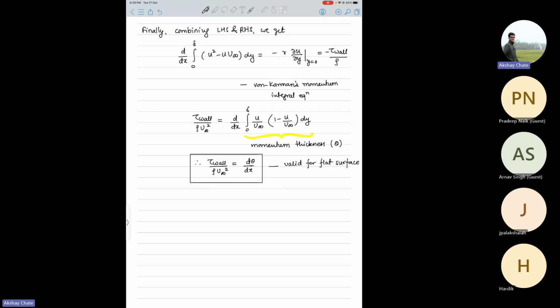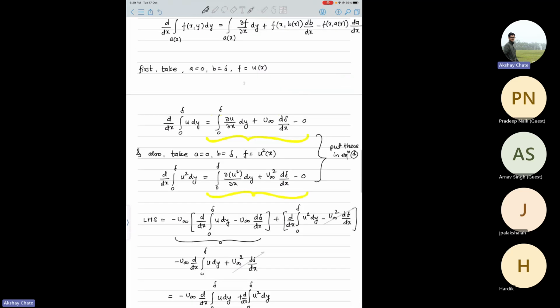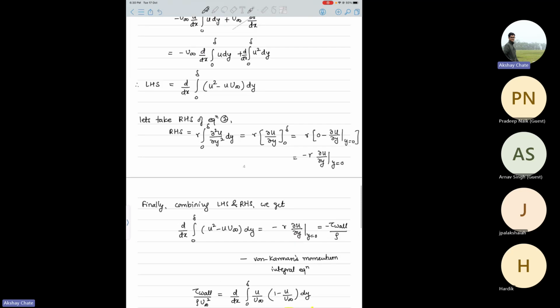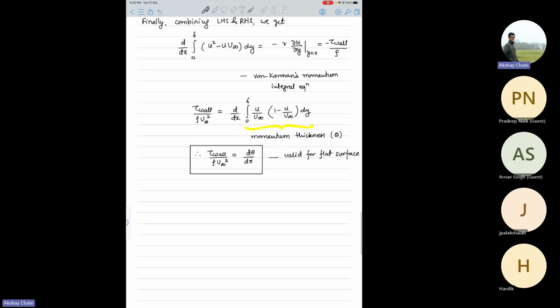So there will be a thermal boundary layer there, and an exactly similar procedure applies. So this momentum integral equation is also there in your convective heat transfer course, and the derivation is more or less the same. If you come across that, you may check these two derivations, and they will be more or less the same. Anyway, that is also not part of this course, but I thought if I give you the analogy, maybe that will help you later.